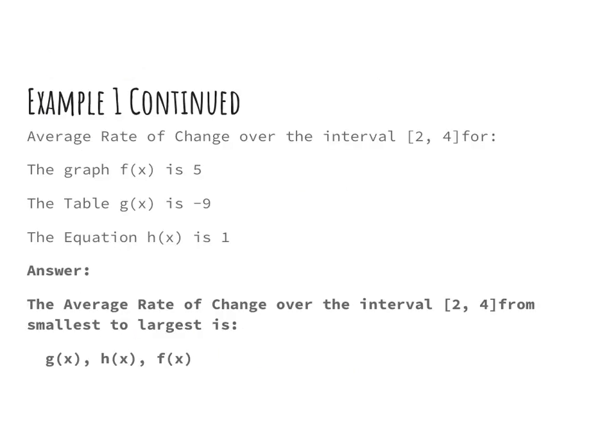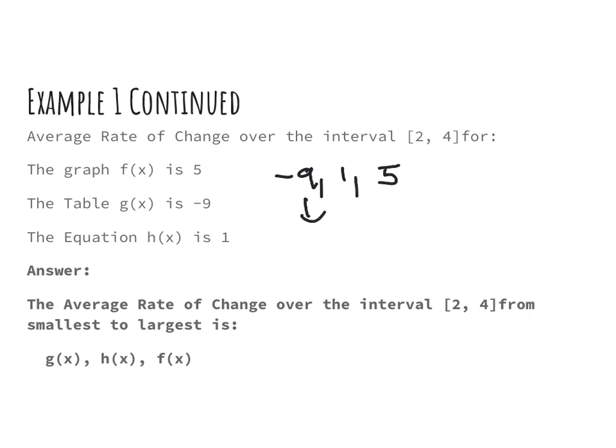So the question really asked us to find the average rate of change over those intervals for the 3 different forms of a function, and then rank them from smallest to largest. The average rate of change for the graph was 5, for the table it was negative 9, and for the equation it was 1. Putting these in order from smallest to largest, that would be negative 9, then 1, then 5.